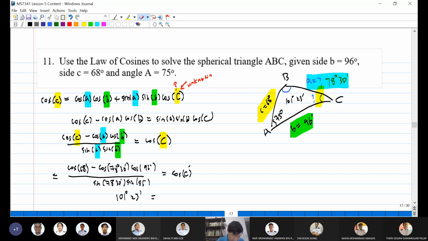This is cosine 68 minus cosine 78 degrees 30 minutes times cosine 96, divided by sine 78 degrees 30 minutes times sine 96. Okay, 0.405, so 0.4057.